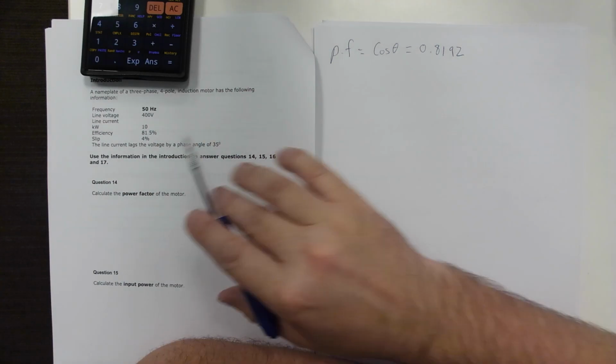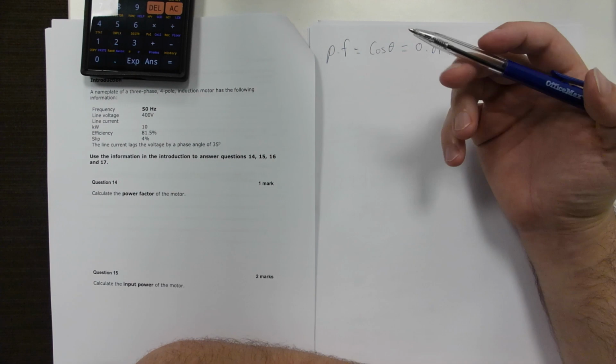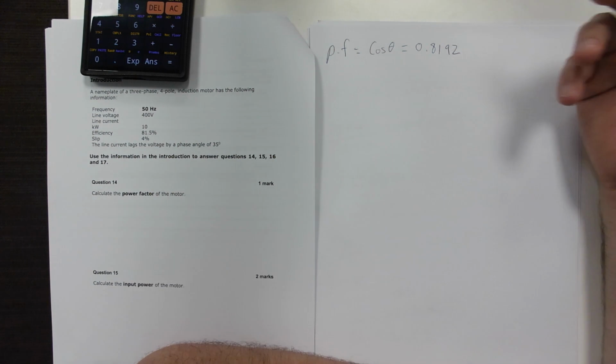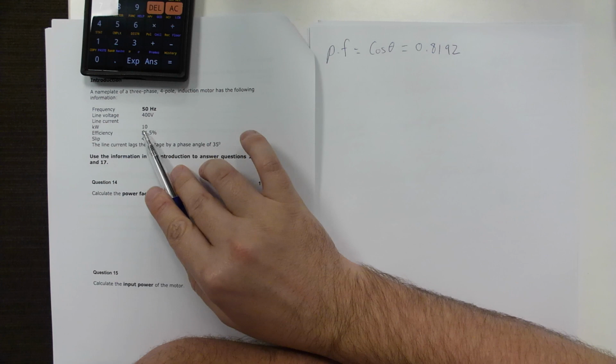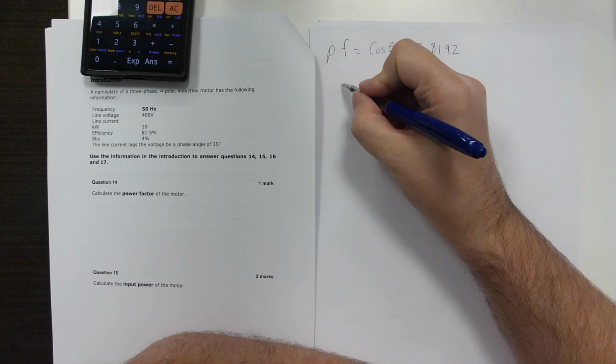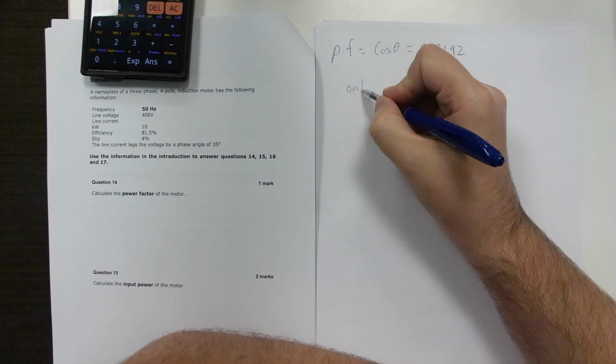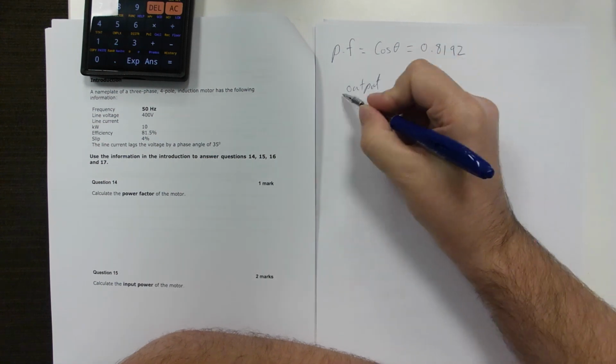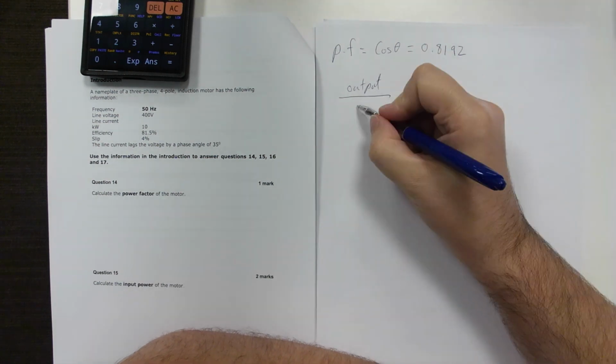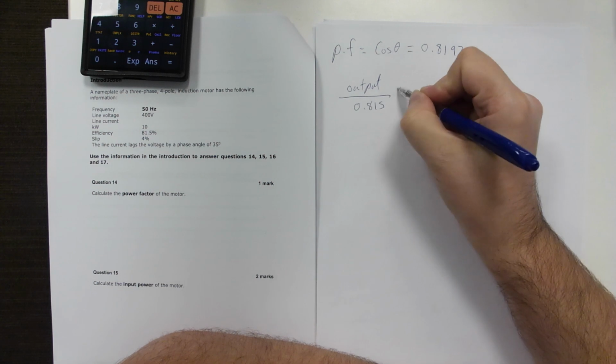Next one is calculate the input power of the motor. Now, we don't have a line current, so we can't use power equals root 3 times I line times V line, but we do have our output power, which is 10 kilowatts. So what we do here is output over efficiency, which is 0.815, equals input.